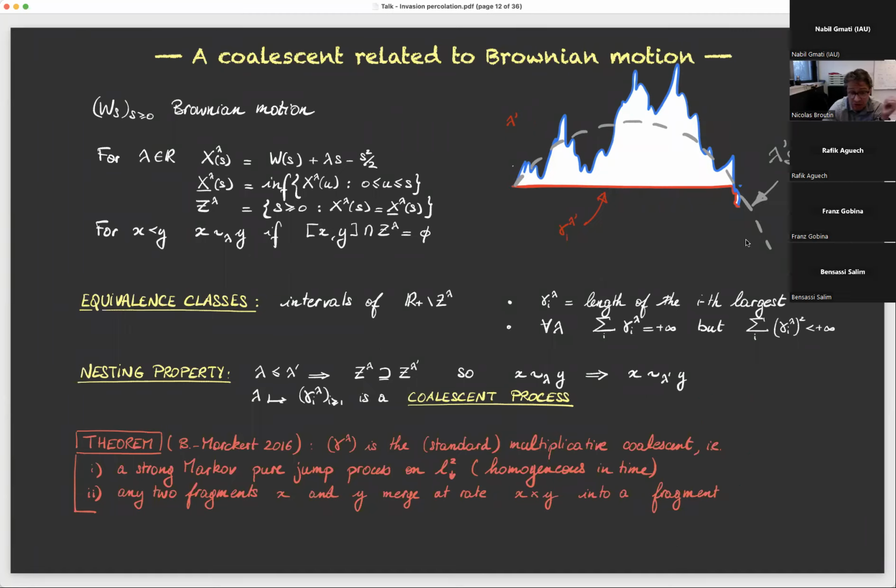Why should it be Markov? And not only is it Markov, but it is homogeneous in time. And any two fragments of the vector, which means you take any two components, they merge at a rate which is the product of their length in time. Okay, so this is exactly a clean representation of Aldous's process with a single Brownian motion and a parabolic drift, and you change the drift and you look at how the pieces merge together.